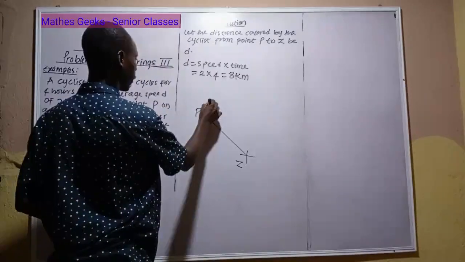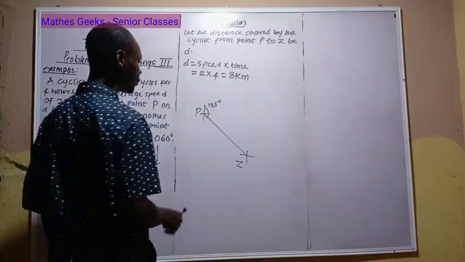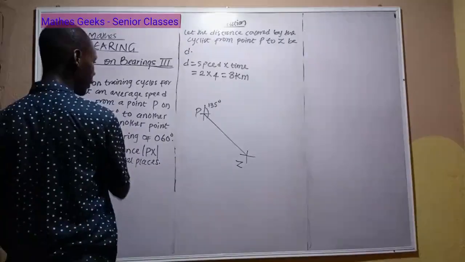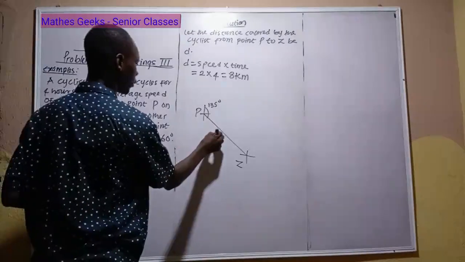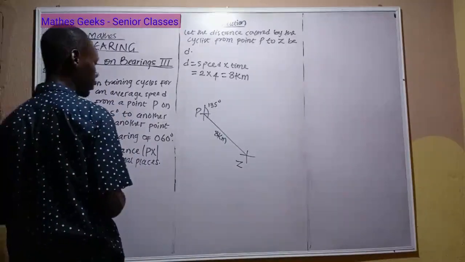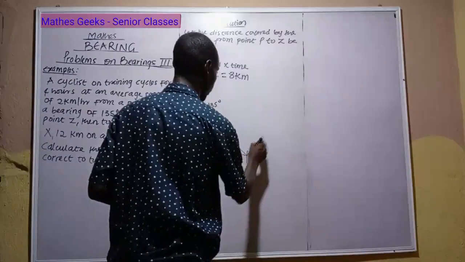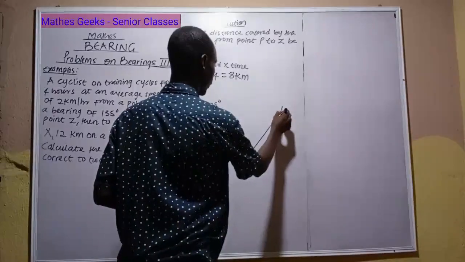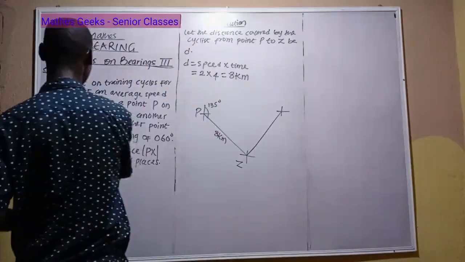This is 135 degrees. And then from Z, here is 8 kilometers. From Z, on a bearing of 060 degrees, this distance is 12 kilometers.